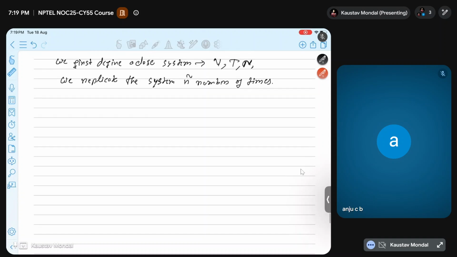Then all these identical systems are in thermal contact with each other. So that means they can exchange energy.